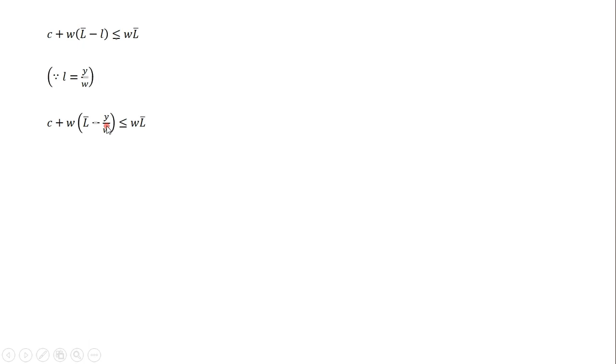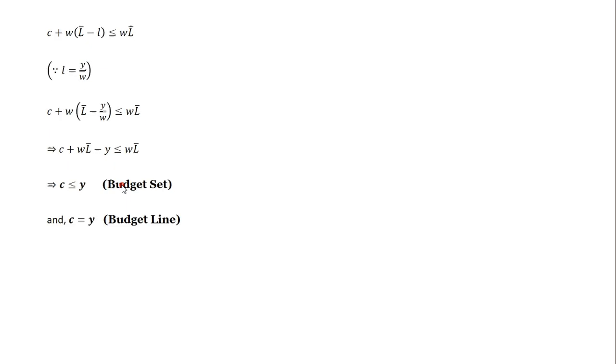So I'll get this. If I open the bracket, WL bar is cancelled out. So I'll get C minus Y is less than or equal to zero, which is equivalent to say C is less than or equivalent to Y. So that is the budget set, and that is the budget line.